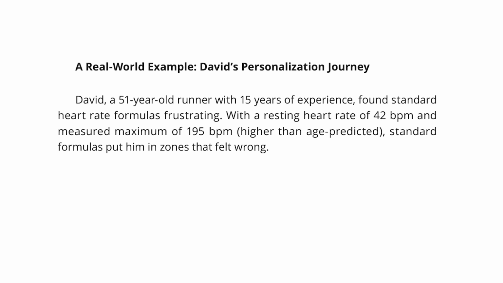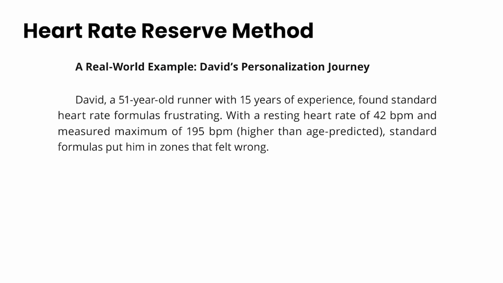Let's take a look at another example, and this is David's personalization journey. David, a 51-year-old runner with 15 years of experience, found standard heart rate formulas frustrating. With a resting heart rate of only 42 beats per minute and a measured max heart rate of 195, higher than age predicted, standard formulas put him in zones that felt wrong.